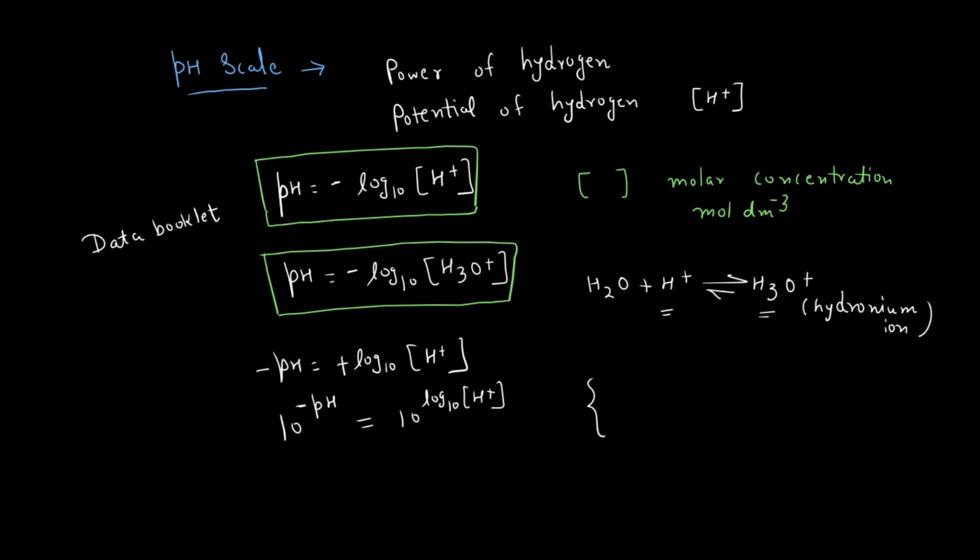Now we know that 10 to the power log to the base 10 of x is always x. Therefore 10 to the power minus pH will be equal to H plus ion concentration. So if pH is given to you, you can just plug into this formula and you can find the molar concentration of H plus ion.